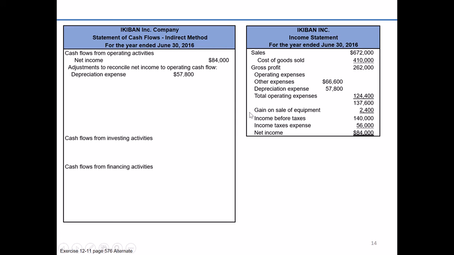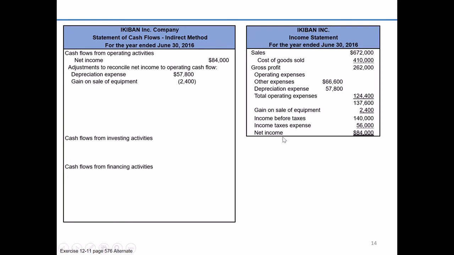We'll scan through here again. We've also got one remaining non-cash expense or revenue, and that's going to be gain on sale of equipment. Previously, it added to net income. Keep in mind, the cash flow from the sale of equipment is actually going to show up in our investing section. So we need to reverse out, or subtract out, our $2,400 gain from our operating section. So that helps us out so far with our income statement.